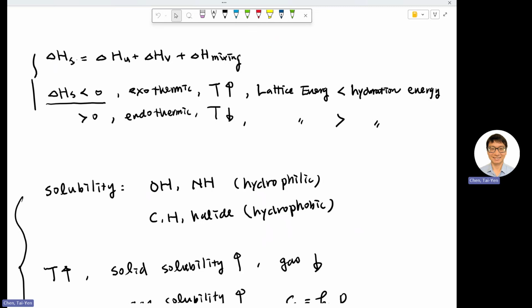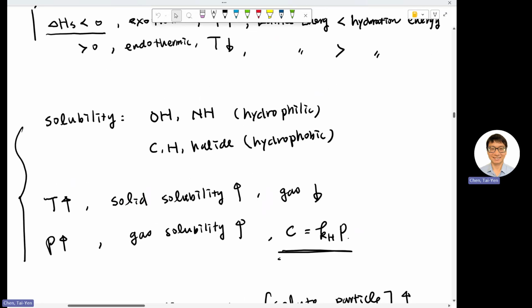The second thing we discussed in chapter 10 is solubility. If I give you 2 substances, can you predict which one is more soluble in aqueous solution or in hydrophobic solution?